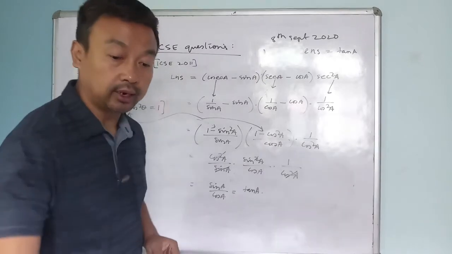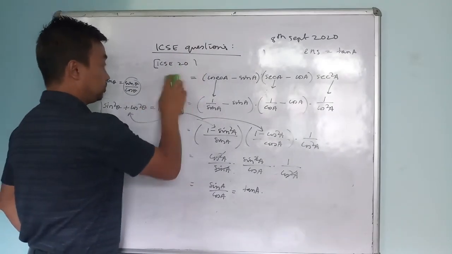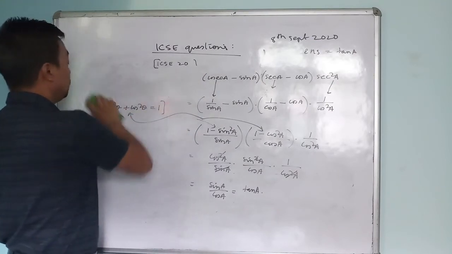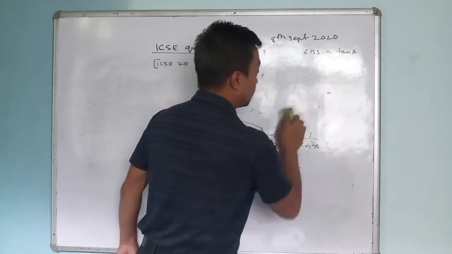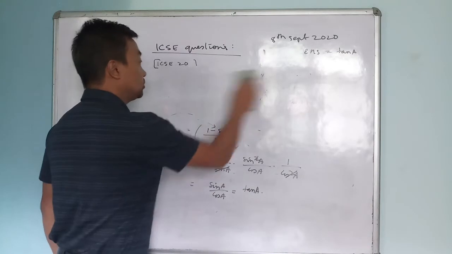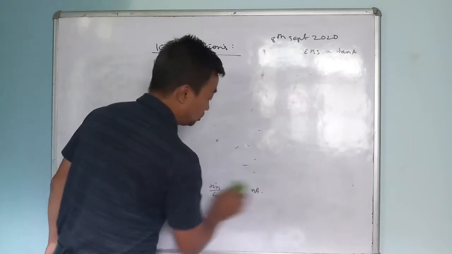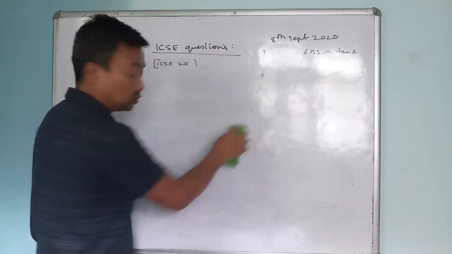So now let us do one last question for today. That is ICSE 2005. So all of you, these questions are there in your textbook. It is in different exercises, and some questions are also given as an example, and they have been solved.